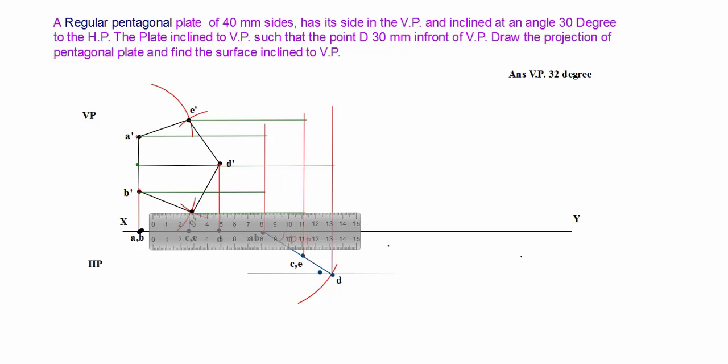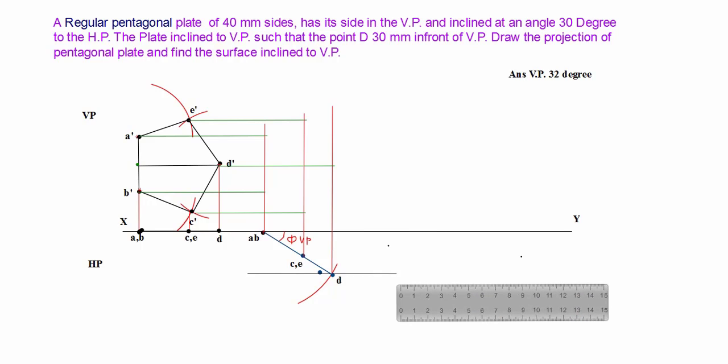Now friends, the intersections give our respective points. So this is our A dash, this is our B dash, this is our C dash, this one is D dash, and this is E dash point. Now we join all the points with a straight line.